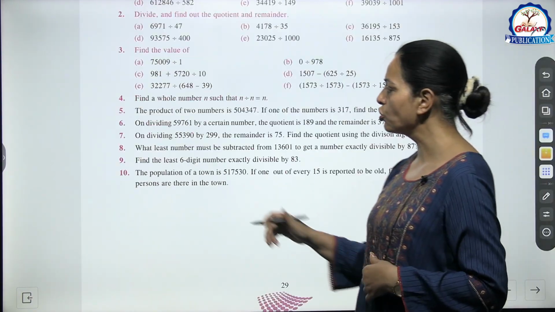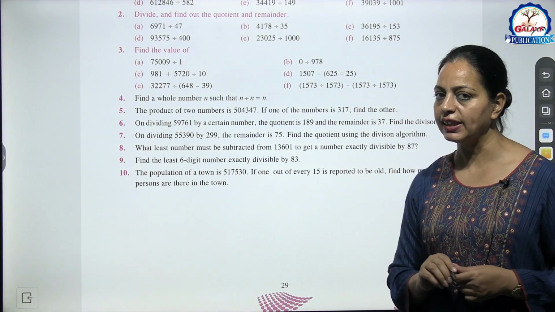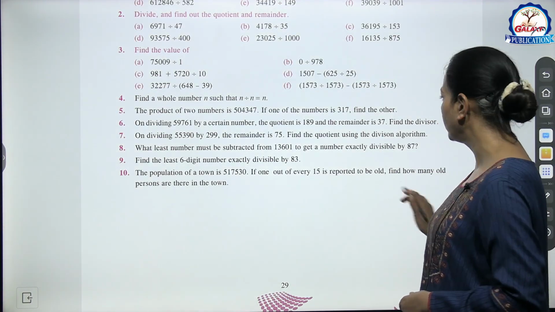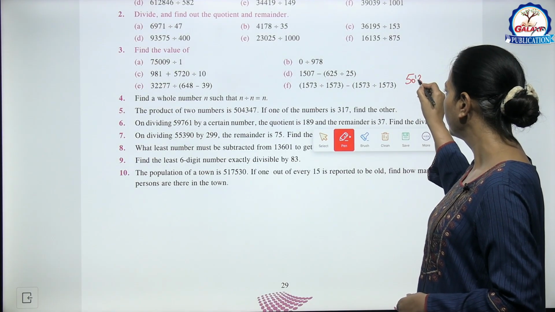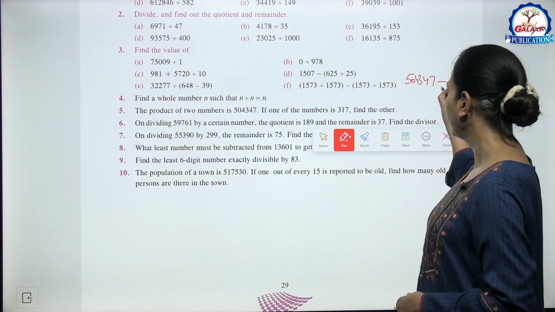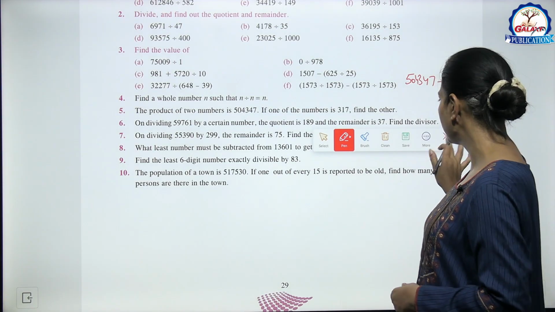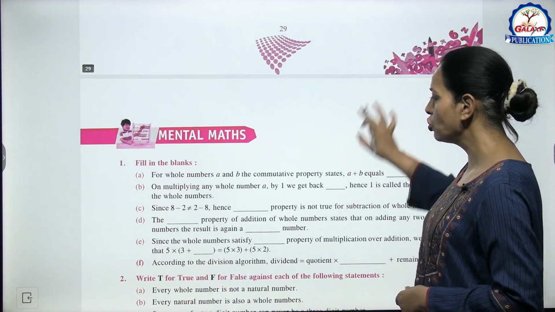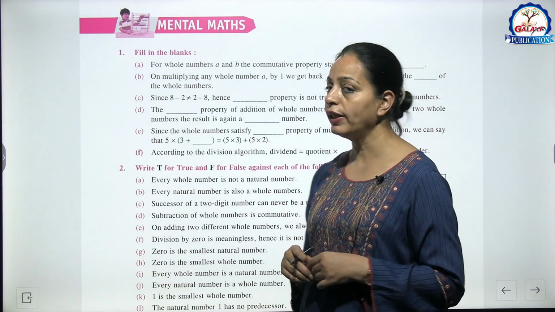See the fifth question, the product of two numbers is given and one number is 317. Find the other. So how can you find the other? This number divided by one number, you can find the other number. Similarly, you can try the remaining questions. Now this is the time of mental maths. The first one, filling the blanks.